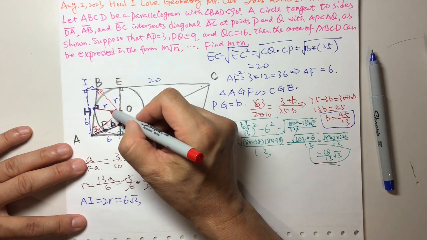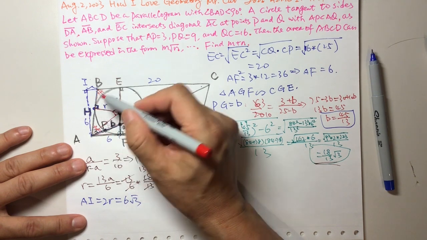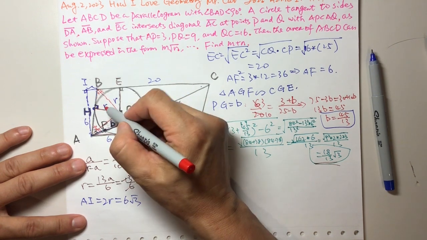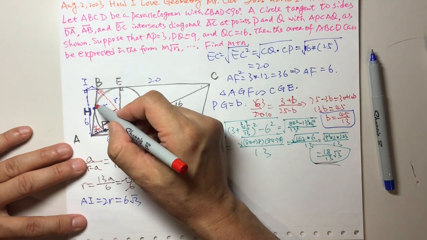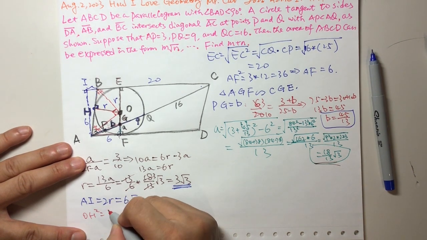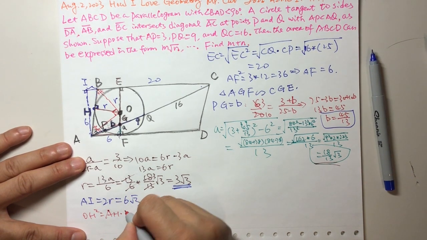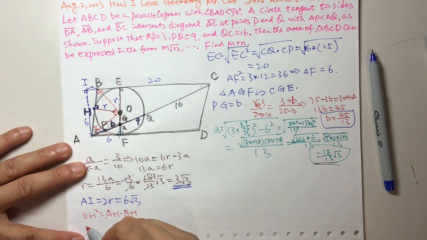We know in a right triangle, OH here is r. OH is the height on the hypotenuse. So we know OH squared equals AH times BH, right?